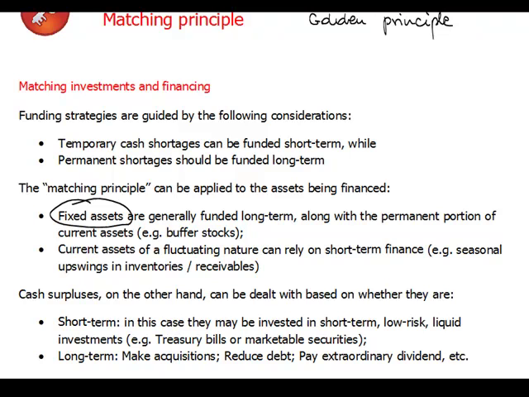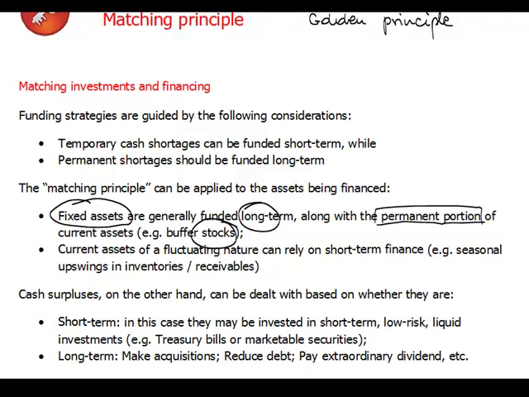So whatever assets we have that are long-term in nature, they should be financed from long-term liabilities. And that will include fixed assets and sometimes the concept that is called the permanent portion of current assets, like certain stock levels that we don't want to go below.